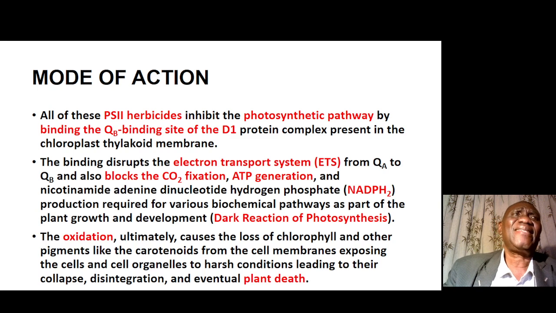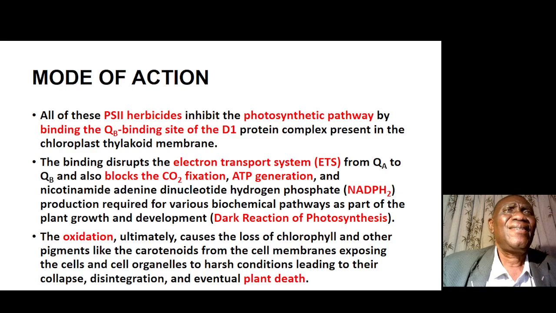It is the binding which disrupts the electron transport system, ETS, from QA to QB, and it can block the fixation of carbon dioxide, ATP generation, and the production of NADPH2. I mean, these are the products of the light reaction which are affected by these herbicides, if you want to use that approach.